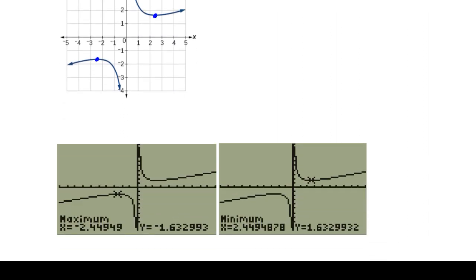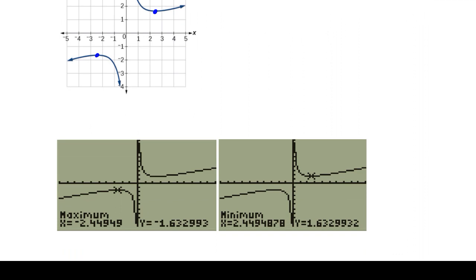Okay, here is on my TI, is it 83 I've got? Yeah, 83 Silver Edition. So what you do is you use the function second calc, and then we select maximum or minimum, depending on what you're looking at.